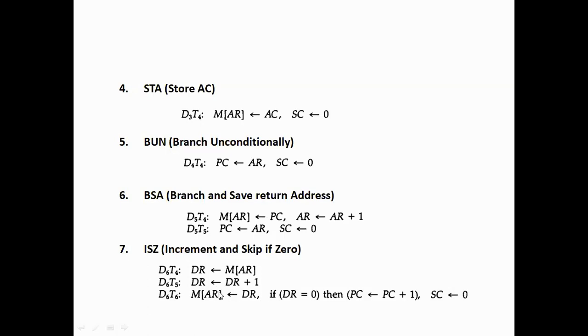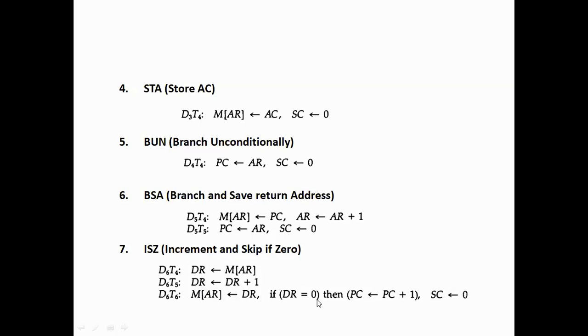Okay, before that we need to save the DR back to memory, right? We took an operand from memory into DR, increased that operand value by 1. Now we need to put the new value back to the same memory location. So this is reading, then incrementing, then writing. So the increment part actually is done. Now we will also check the value of DR.